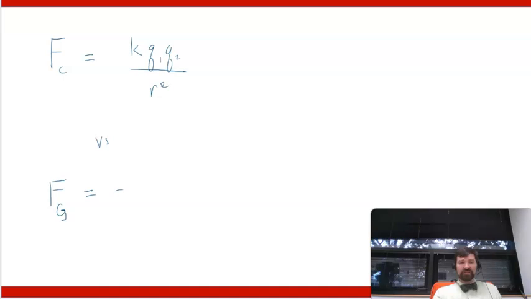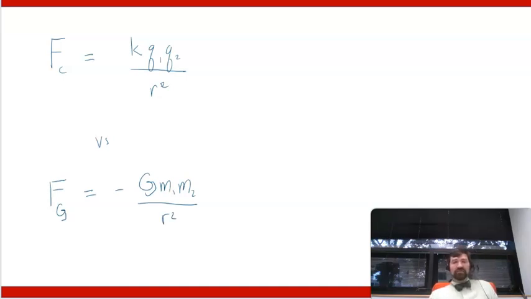For what it's worth, we could compare the Coulombic force between two charged particles, which looks like K Q1 Q2 over R squared, versus Newton's universal law for gravitation, which looks like negative G times M1 times M2 divided by R squared.